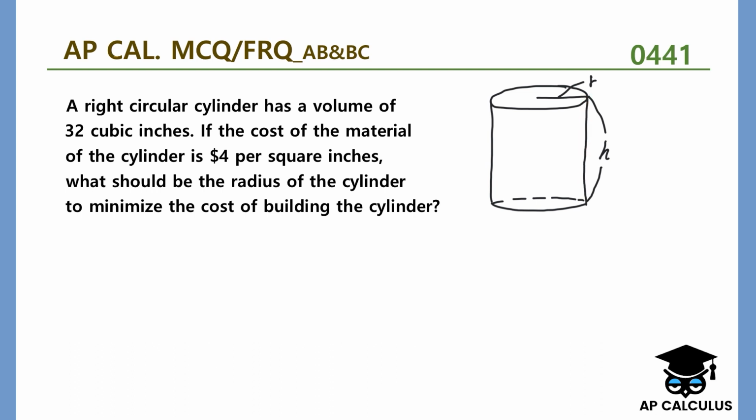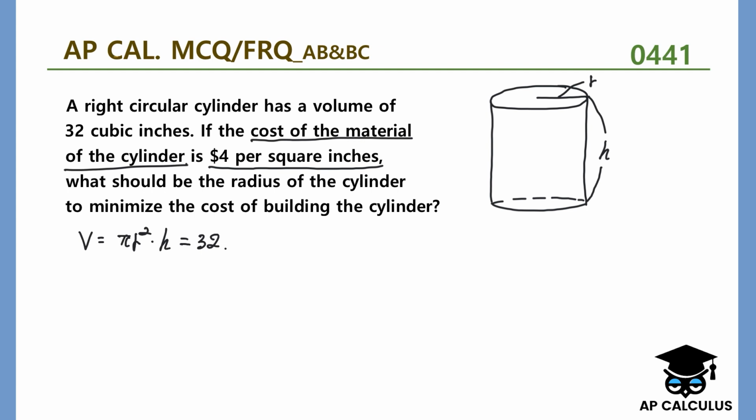The volume of the cylinder is 32 cubic inches, so we can write the volume, base times height, pi r squared times h, equal to 32. The material of the cylinder has to do with the surface area, and the cost is $4 per square inch. The question is, what should be the radius to minimize the cost?